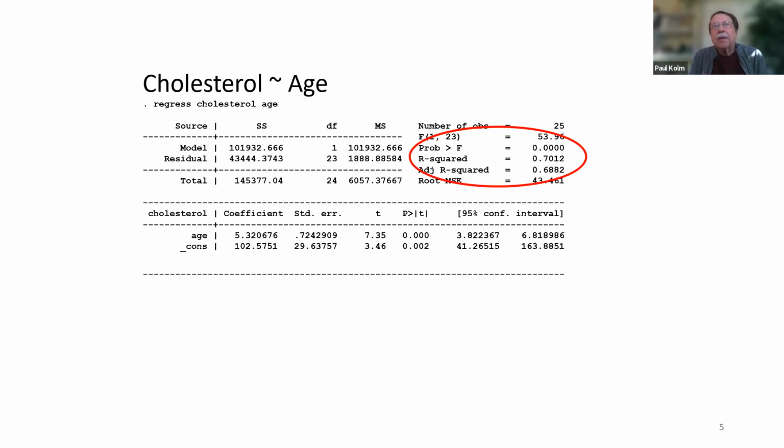It will always be slightly less or maybe a lot less than the R squared, depending on how many patients you have. But you can see in this case that our R squared value is 0.7. So what this means is that 70% of the variability in cholesterol is accounted for by age.